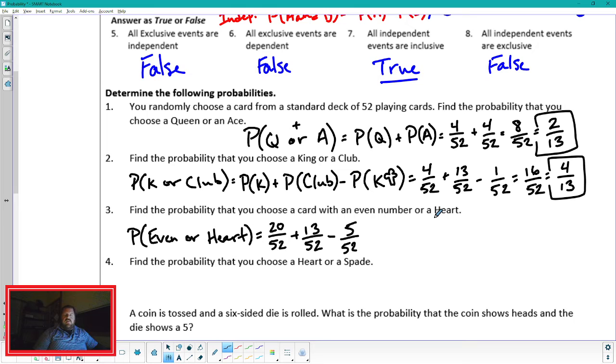So we do have to take those 5 away to not double count them. So let's see, that's going to be 33 minus 5 sounds like 28 out of 52. Is that right? Yeah. Again, they're both multiples of 4. A little bit overkill on the multiples of 4, but it makes life a little bit easier.